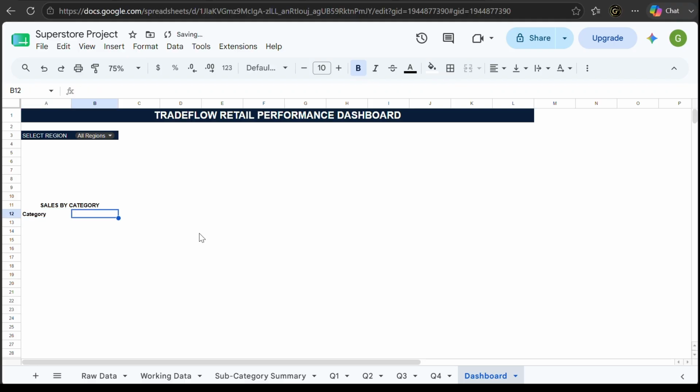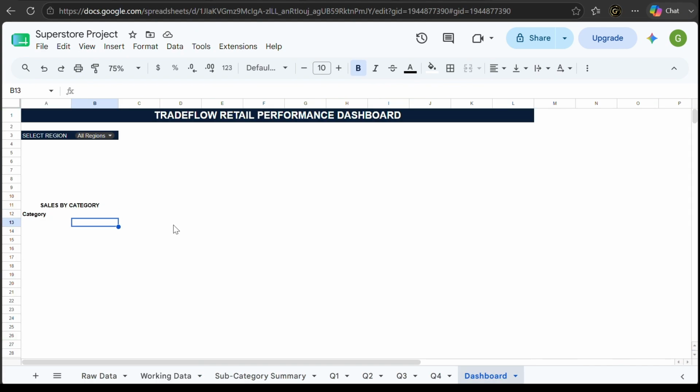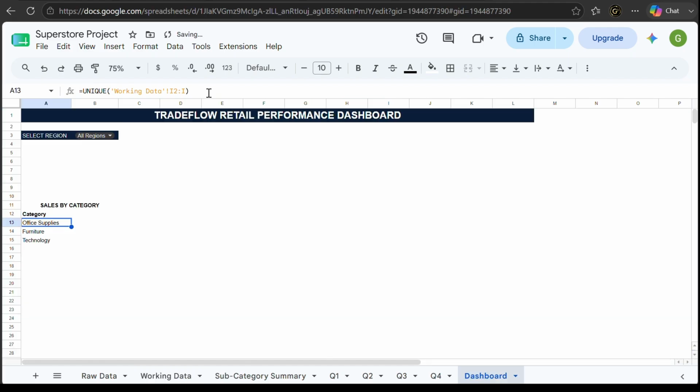On our working data, the category column is column I. So I'm going to fetch out all the categories using equals UNIQUE, and I'm just going to make reference to working data. I'm going to pick column I here, and then change this to I2 because that's what I just want there to fetch. Press enter. So all my categories have been listed out already, as you can see.